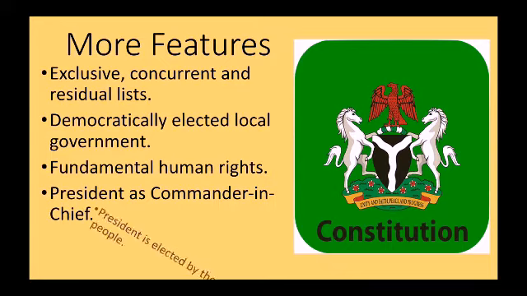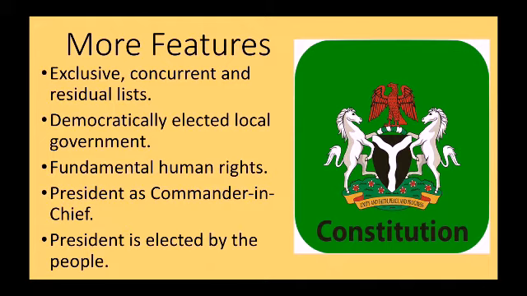Again, the president was popularly elected by the people. It is the people who elect the president into the presidential position. It was not the national parliament as we have it in the 1963 Constitution, where the joint sitting of the Senate and House of Representatives elects the president, that is Nnamdi Azikiwe.